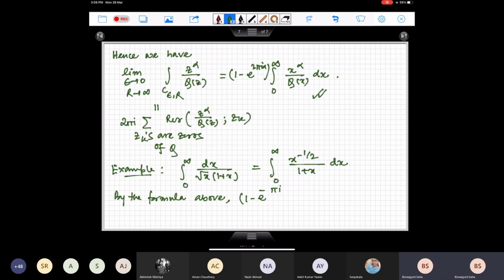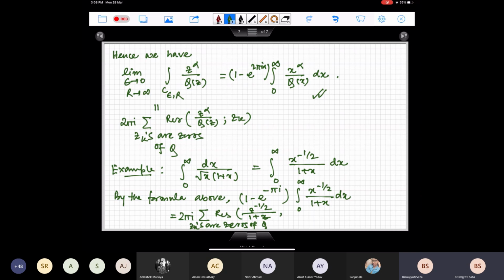So e to the power minus iπ times the integral from 0 to infinity of x to the power minus half over 1 plus x dx is equal to 2πi times the sum, where the zk's are zeros of q, of the residue of the function z to the power minus half over 1 plus z.